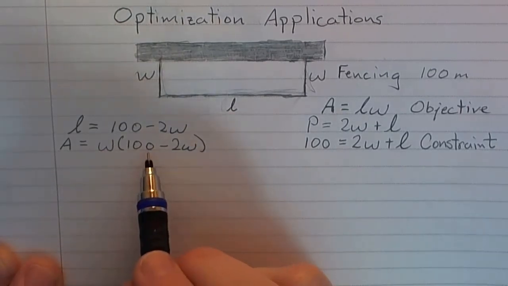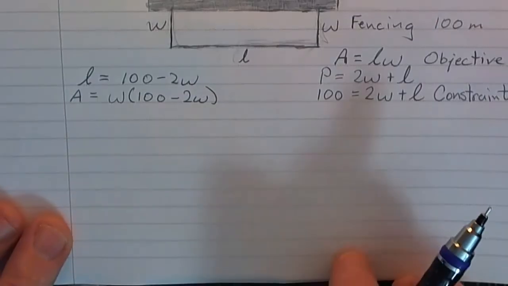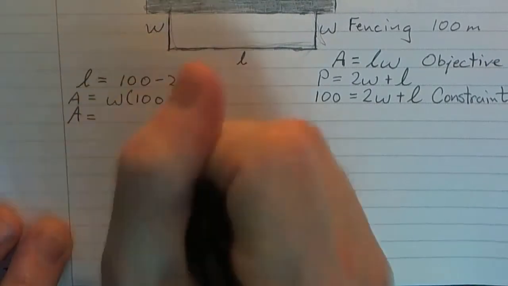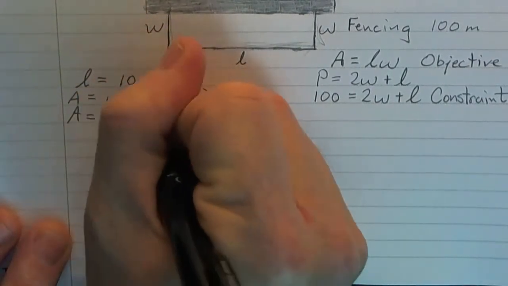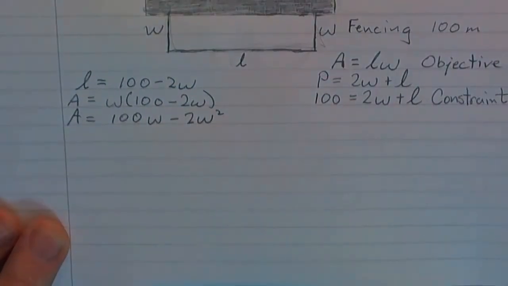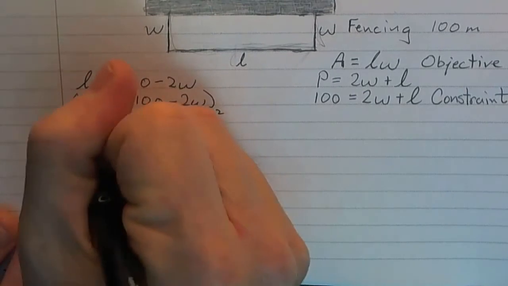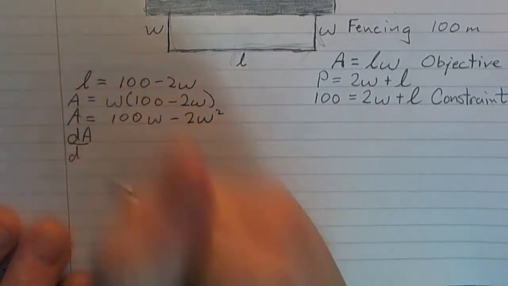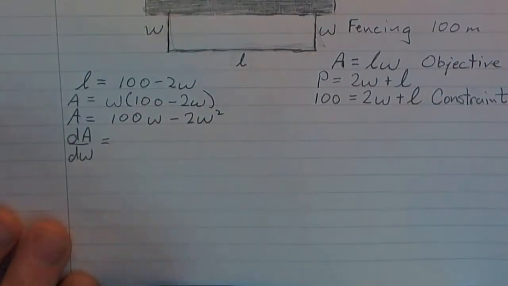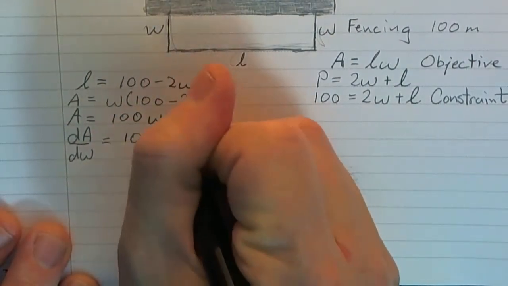Well, this is a function that we can differentiate pretty easily. So let's see how this goes. First of all, I'm going to put it in a form where I can just use the power rule. Just multiply that out. And now I differentiate. I'm going to say dA/dW, and that's going to be 100 minus 4W.